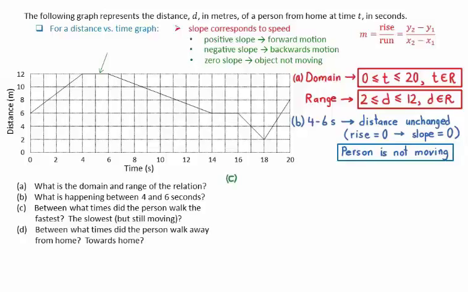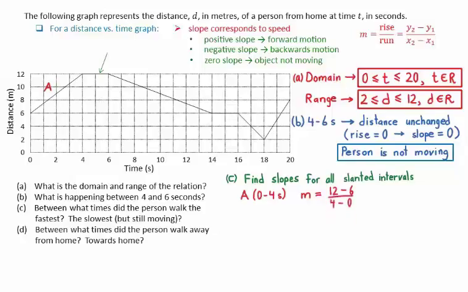For C, between what times did the person walk the fastest and the slowest, but still moving? Here we need to find the slopes for all of the slanted intervals. For interval A, 0 to 4 seconds, the slope is equal to the change in the y-coordinate, or in this case, the distance, 12 minus 6. Note that for segment A, the maximum distance is 12, and the distance at the beginning is 6.